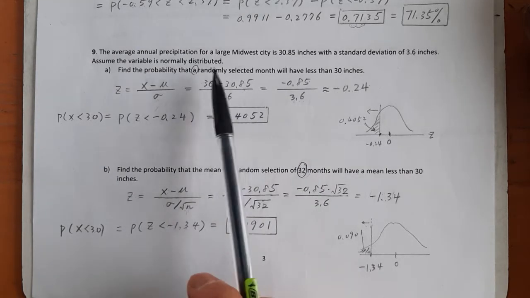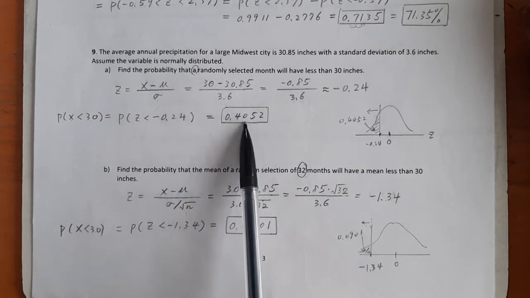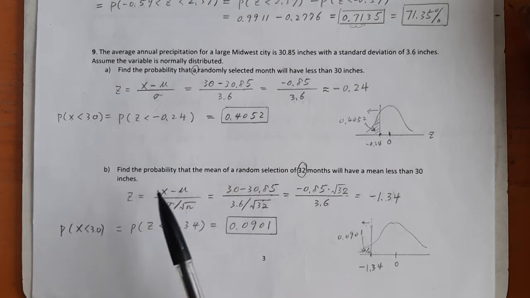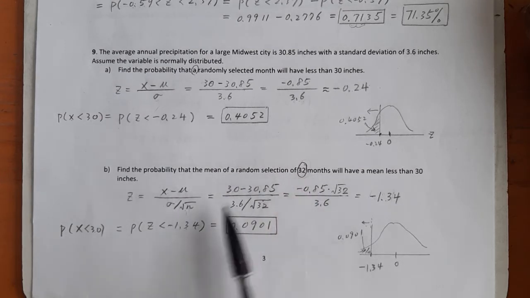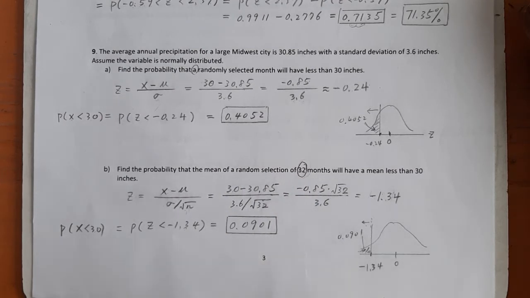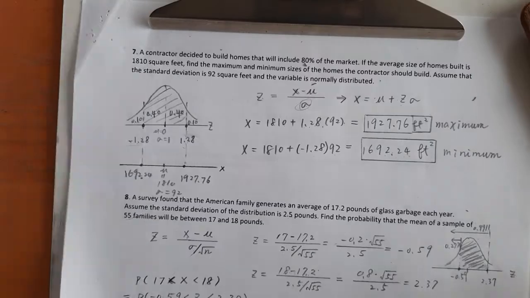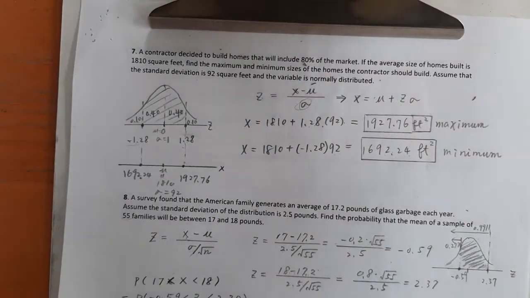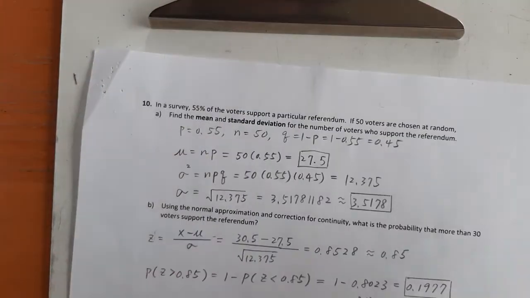For only 1 month, the probability is 40.52%. For 32 months, the probability becomes much smaller, 9.01%. That's for the sample mean.